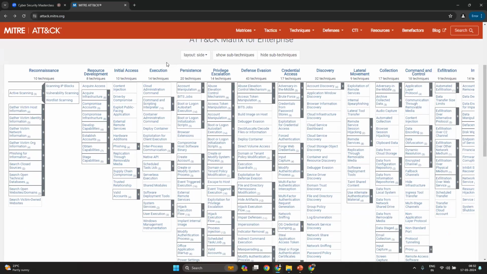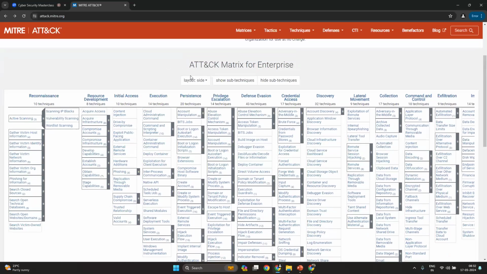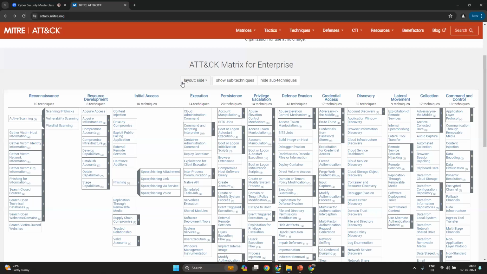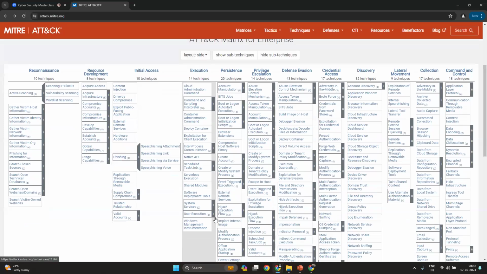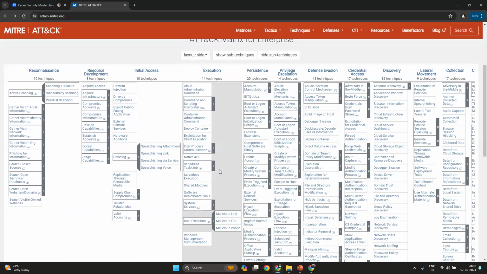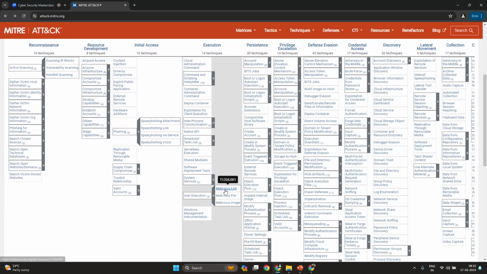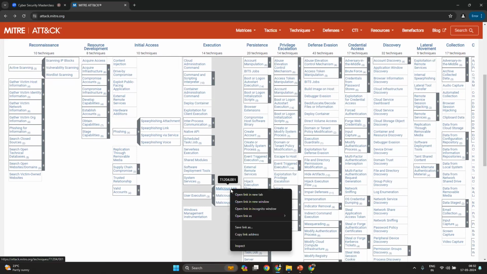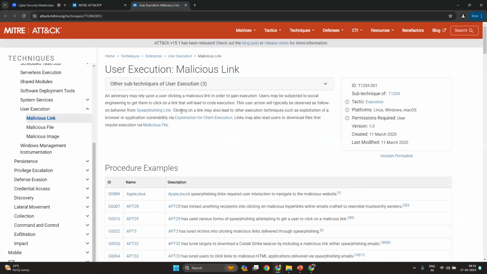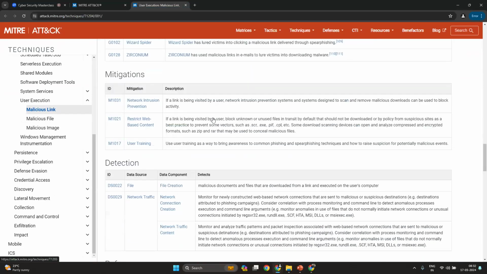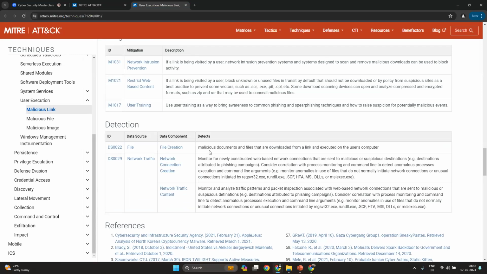Now from a blue team perspective, how can someone defend against this? This is where you would check what kind of phishing it is, and based on that, how the execution happens. Mostly phishing is user execution. So you can come in here, and let's say you understand it's a URL or a link. You can go further and try to understand the ways you can defend, from a detection perspective.